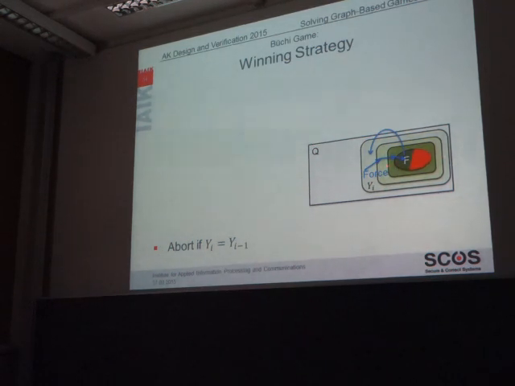So my claim is that we should go closer, closer, closer, closer to this F part, and then once we have reached F, we can make sure that we will reach Yi again. Because we reach F in such a way that from here we can go back to Yi minus 1, but Yi minus 1 is equal to Yi.